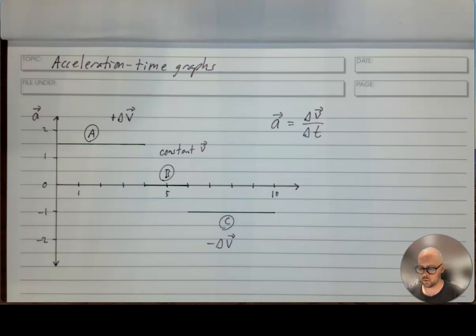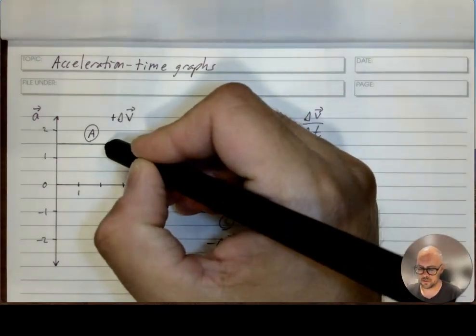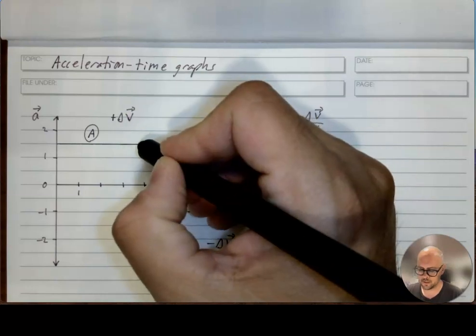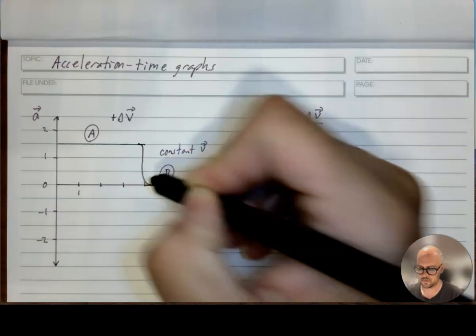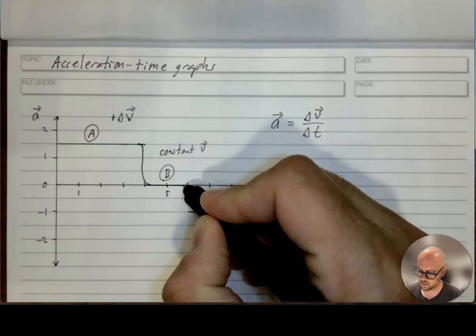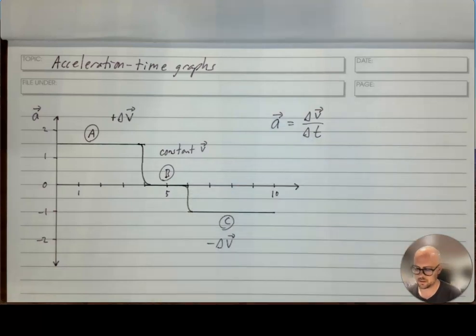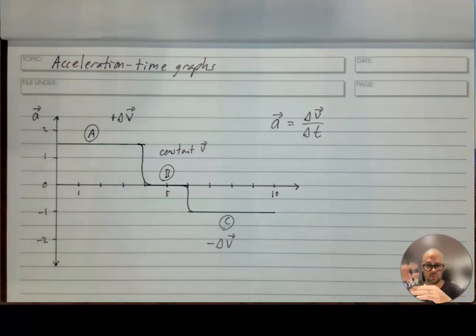But what is more common is you would see an acceleration versus time graph that would look like this, except there'd be some curve and drop to the acceleration there, and then maybe another curve and drop to the acceleration there, to recognize that the acceleration doesn't happen instantaneously. Changes can happen quickly, but they do involve incremental change.